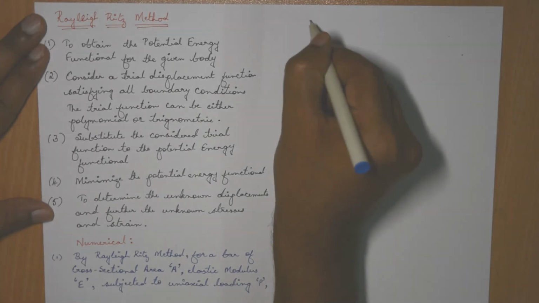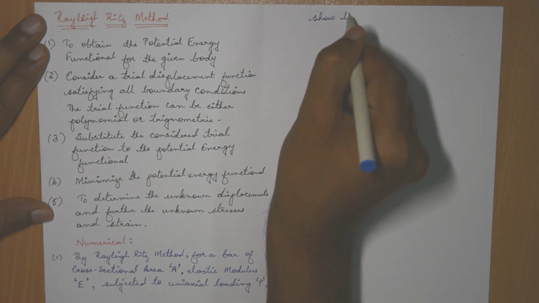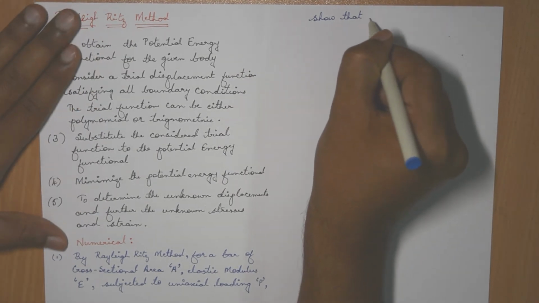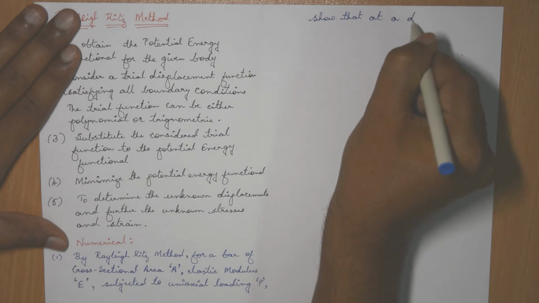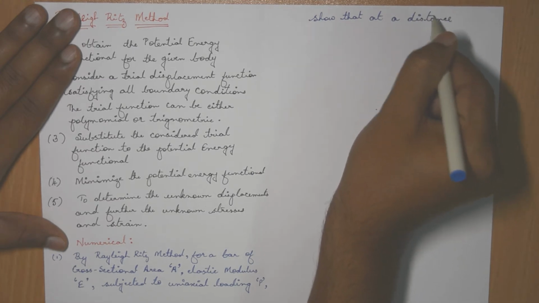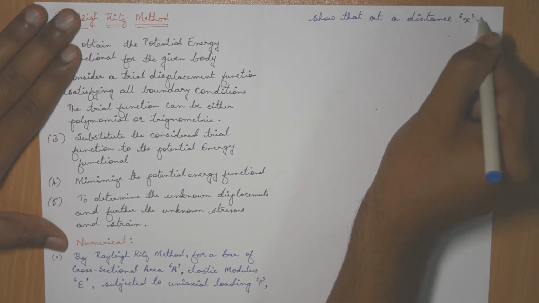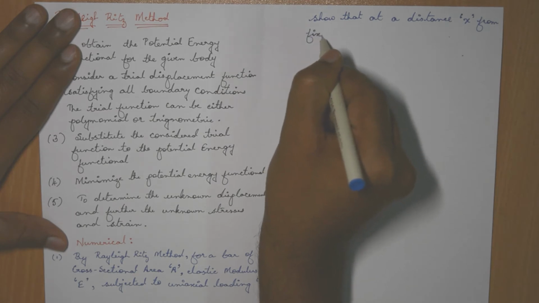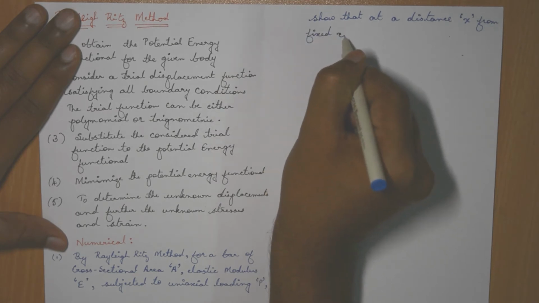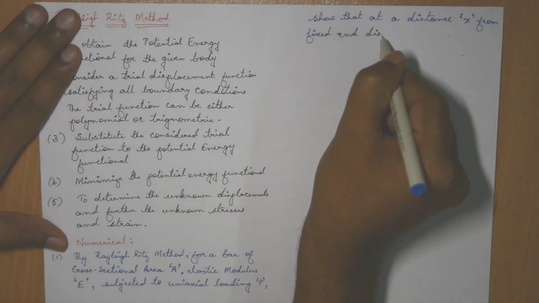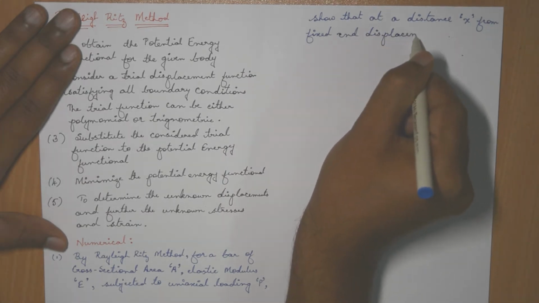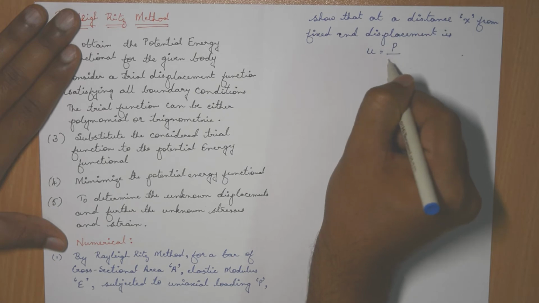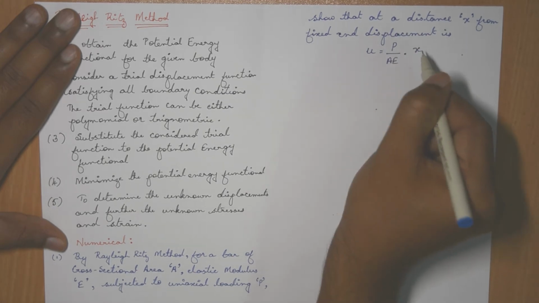Show that at a distance x from the fixed end, the displacement is u equals P by AE into x.